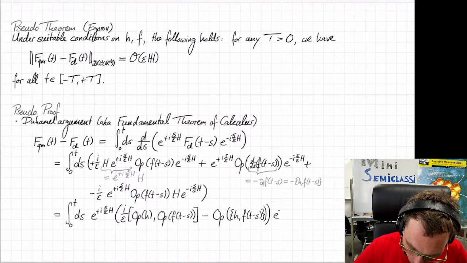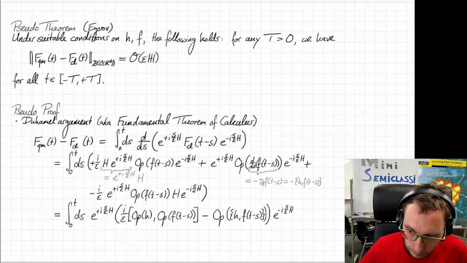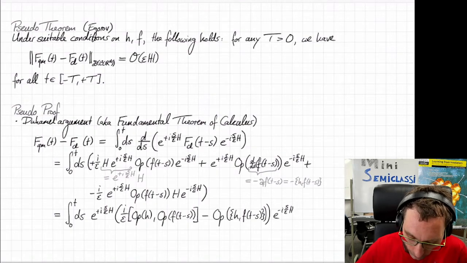And then on the right, we have factored out the unitary evolution group. Okay, so this is step one.